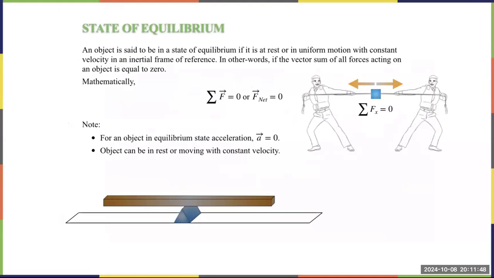So now in these conditions here, there's a triangular wedge and there's a beam which is staying stationary. So in this condition also, this is a state of equilibrium. But what kind of equilibrium? Is it stable equilibrium? No, it's not a stable equilibrium. The only thing in these conditions is that my net force is 0.